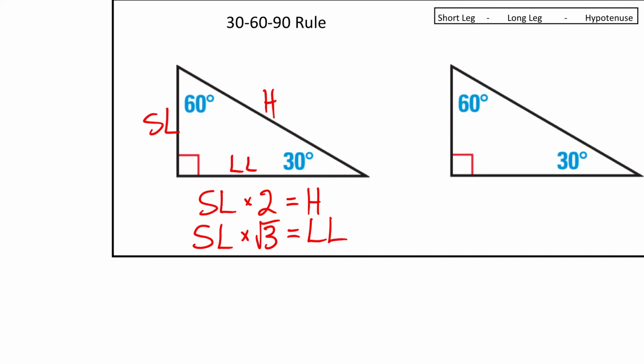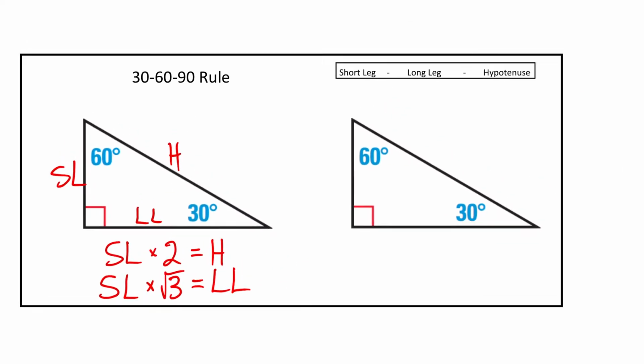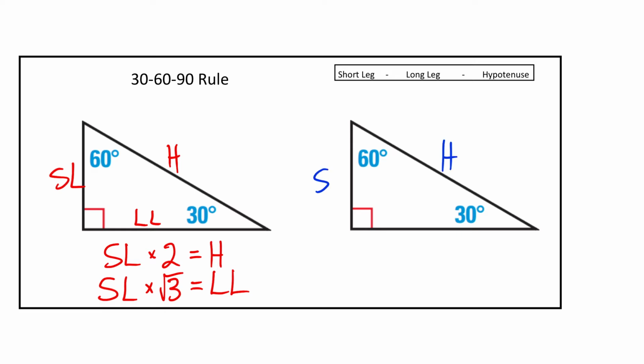So really that's the main part of the rules right there, is that idea. But what we're going to do over here is we're going to write down the reverse of that so you can see that easily. Okay, so if you have the hypotenuse, if you divide that by 2, that's going to give you the short leg.